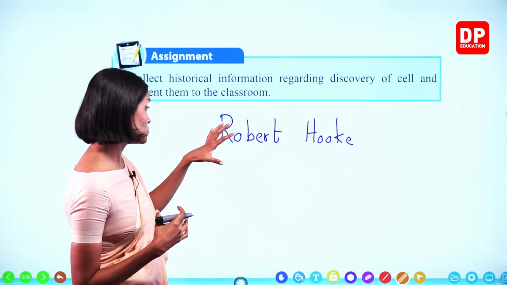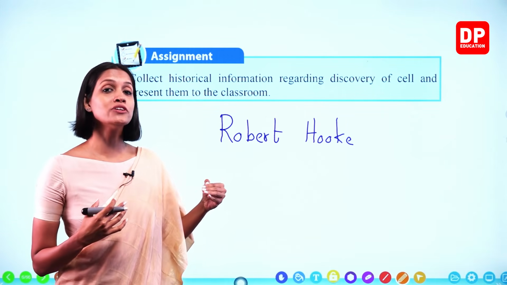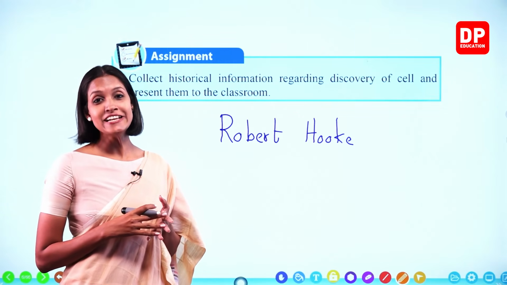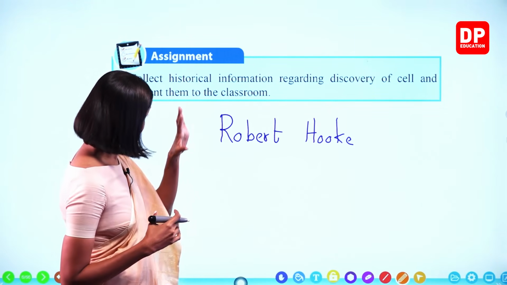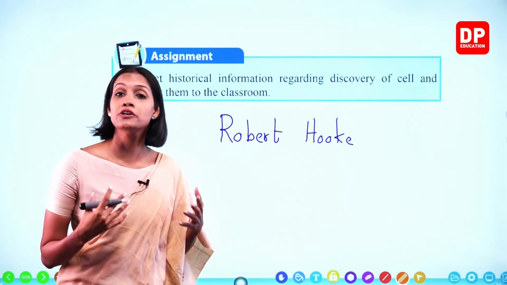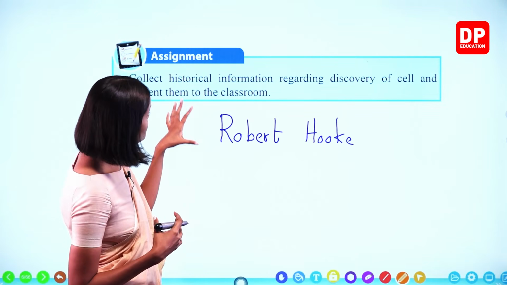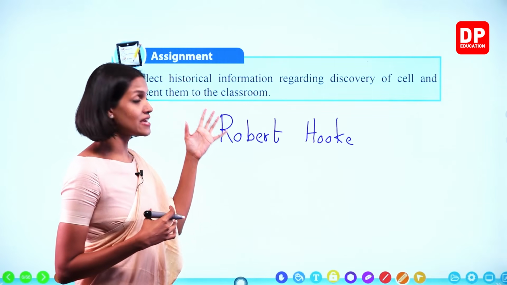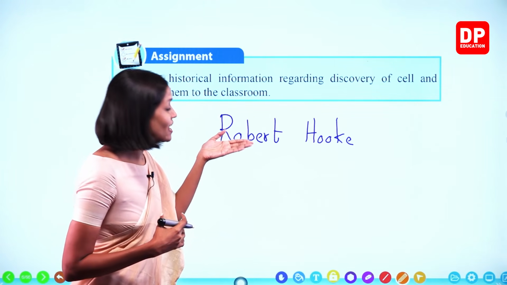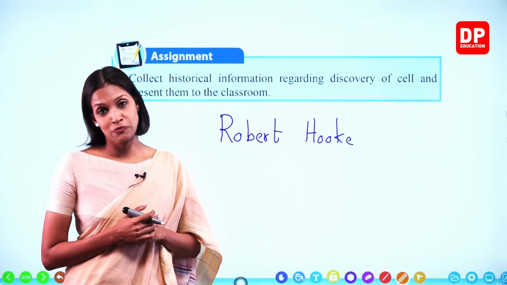It was Robert Hooke, and in the 10th lesson we learn about Antony von Leeuwenhoek. So Antony von Leeuwenhoek and Robert Hooke observed the microorganisms for the first time. Right, children? So Robert Hooke observed or discovered cells, and you can read more about this information.